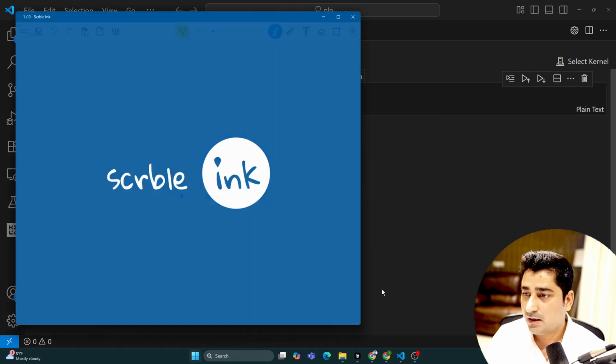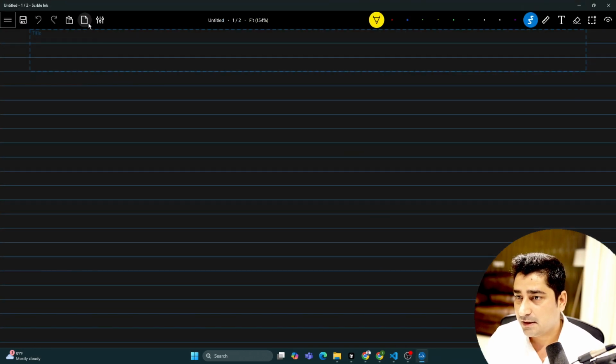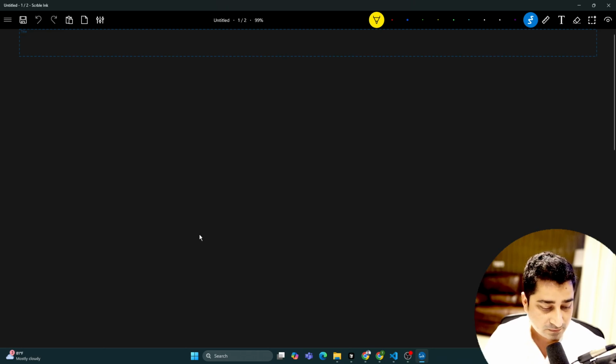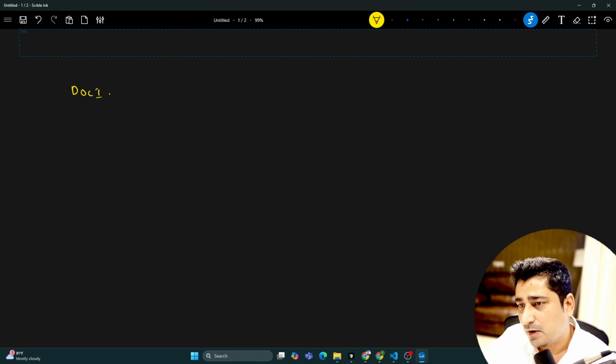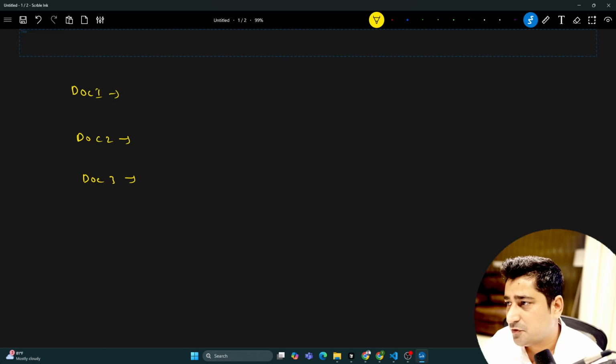So let me open up my Scribble ink, and here, if I'm going to talk about vectorization in a very simple way, let's suppose I have data given to me. Let's suppose I have document 1, document 2, and document 3. I'm going to take a very simple example.